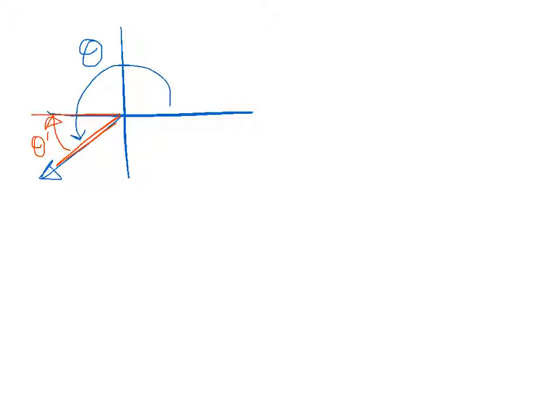So here in the third quadrant, you would find theta prime equal to the angle you started with minus pi. That's a little bit different than the second quadrant, because you have to subtract pi to get an angle that lies between 0 and 90.